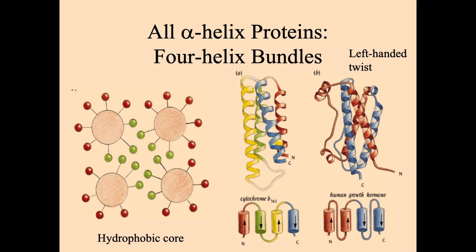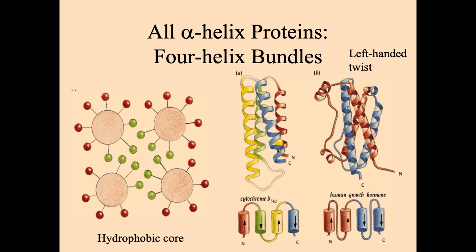So that's human growth hormone. Why did we do it that way? Don't know. So that's what we see. Okay? So this is somewhat more complicated, but many other ways of connecting them have been observed as well.